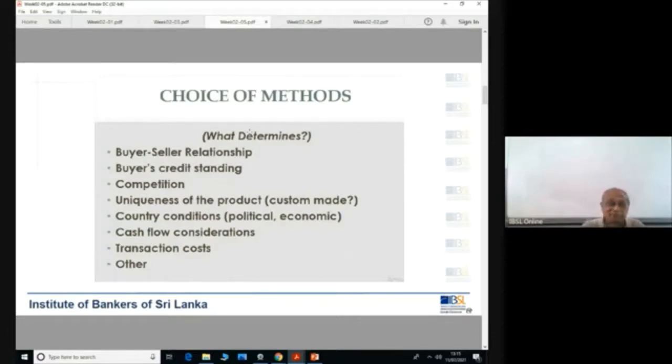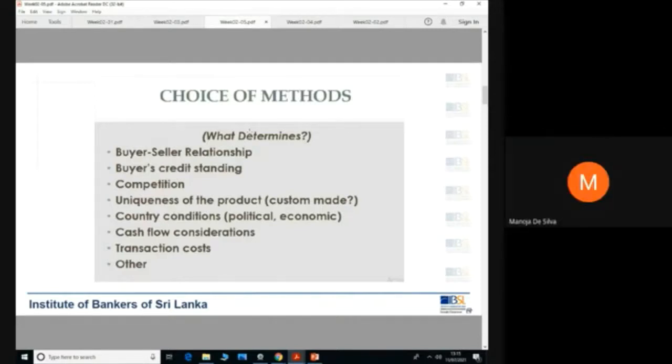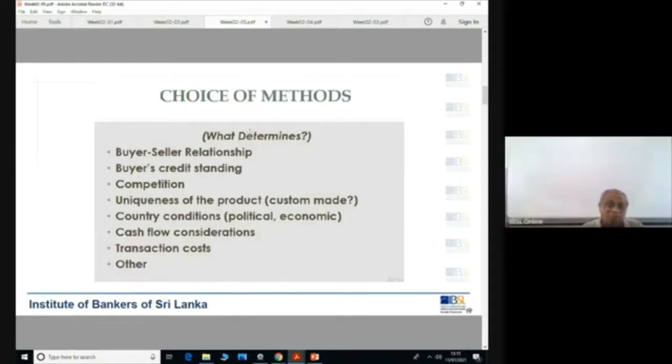For example, take the country condition of Sri Lanka these days. Is our economic situation good or bad at the moment? Bad at the moment. There are so many restrictions. We can't remit the money out. Then the customers have to decide, in a scenario like that, what should be the best payment method.